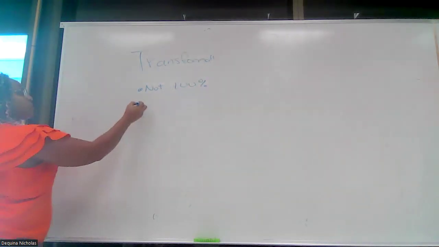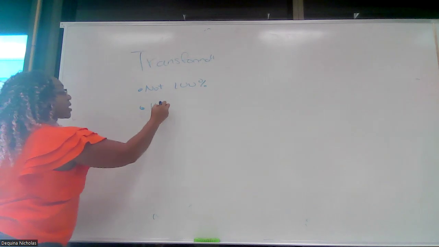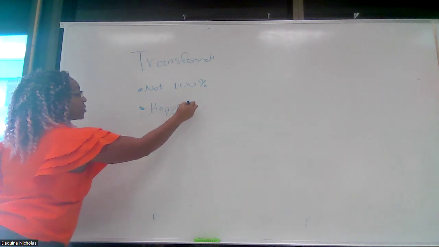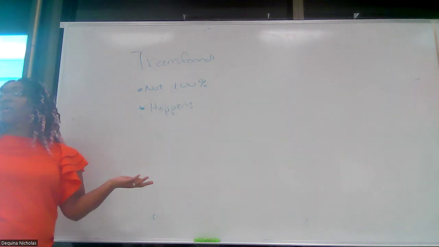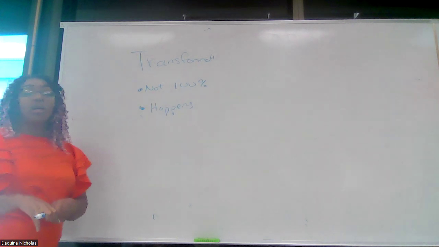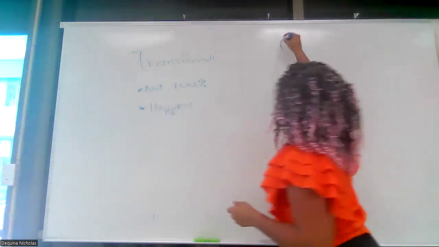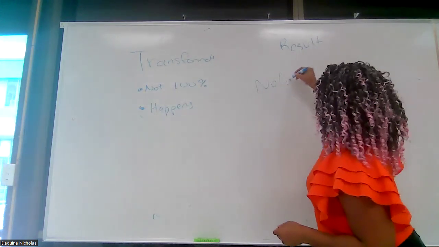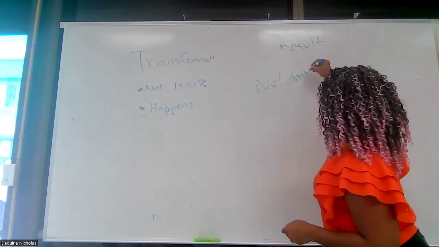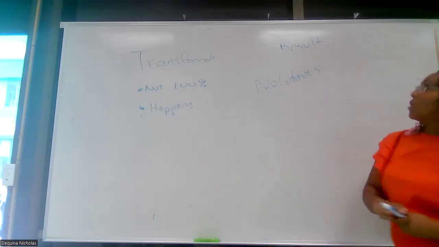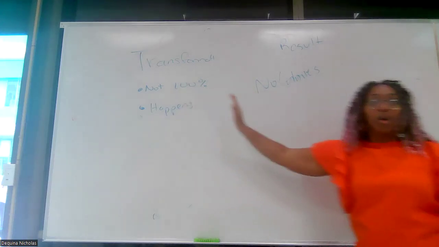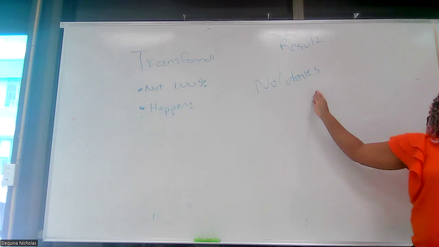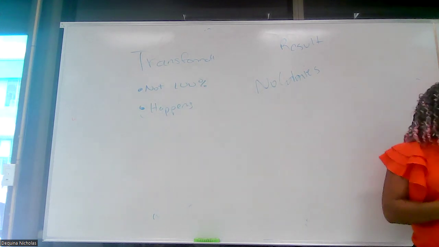The other thing we know about transformation is that it just kind of happens. There are multiple conditions where it happens. Some of it is understood by scientists, some of it is not understood. So when you get the result after a transformation that there are no colonies, ignoring transformation, what could go wrong or what could you do that causes no colonies? What are things that cause things not to grow?